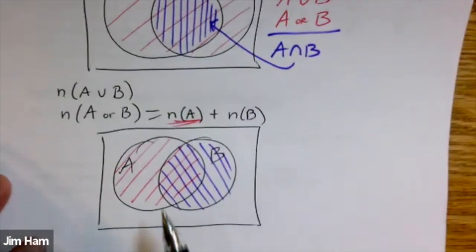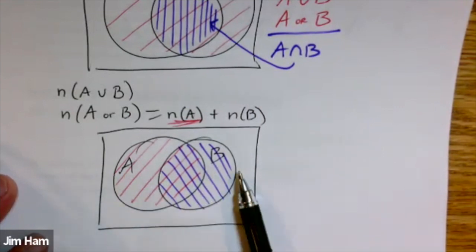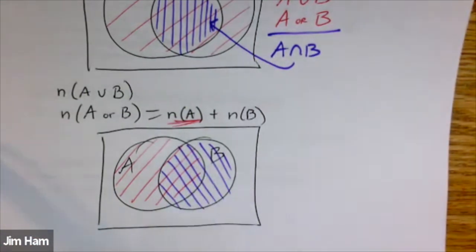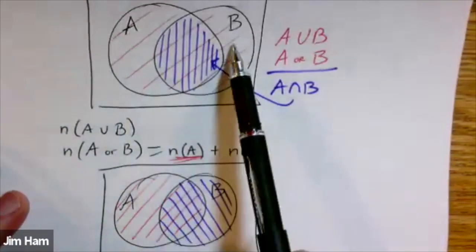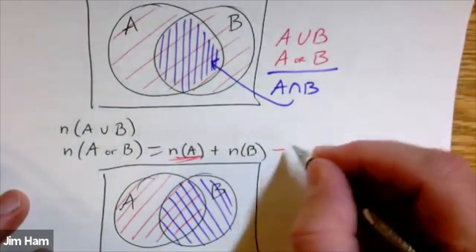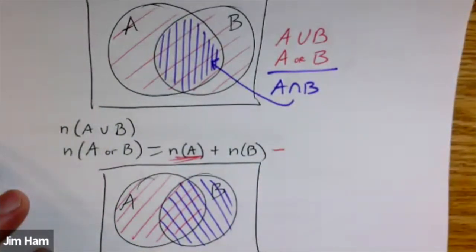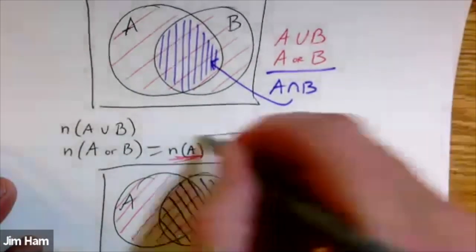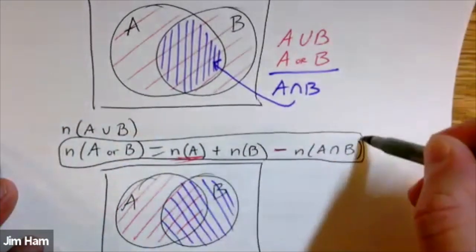Now, if you added the red region and the purple region, you can see that the middle region is doubly shaded. That means that I've added that middle region twice. And if I'm going to just count up the number in these three regions, I don't want to add the middle region twice. So what I'm going to do is subtract out the number in the intersection. And this is called the general addition rule.